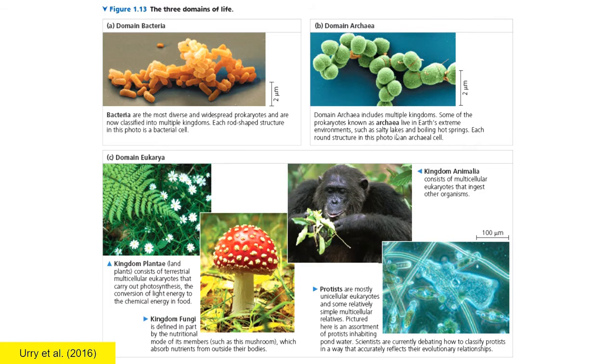Such as salty lakes, boiling hot springs, and others. Okay? Now, the rest of the organisms that we are familiar with are under domain eukarya. They are eukaryotic organisms. You have kingdom plantae here, photosynthetic organisms, saprophytic fungi. You have animals under kingdom animalia, and protists, which are mostly unicellular eukaryotes.